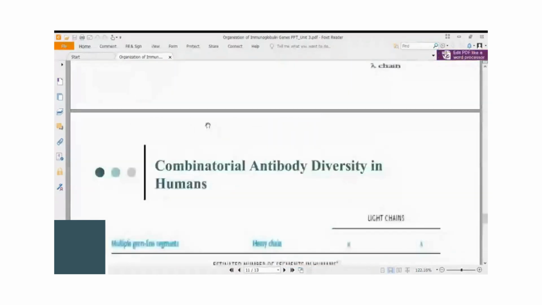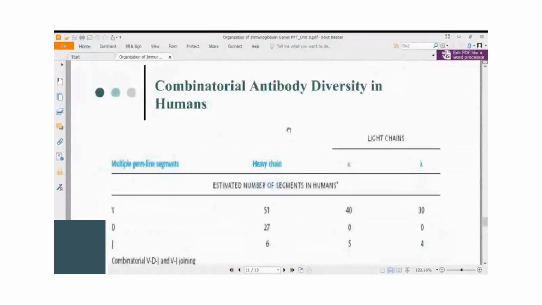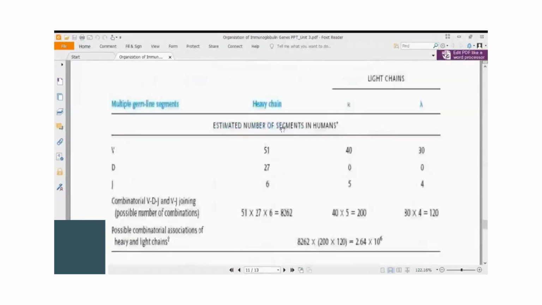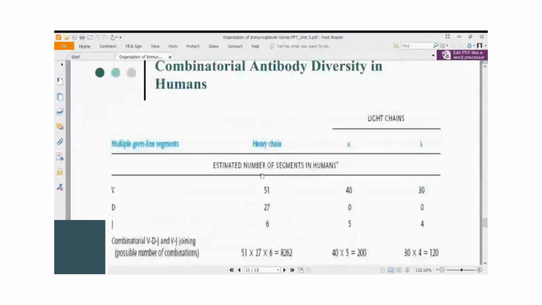Okay, now coming to the diversity. Just refer to this table. You will come to know that in human antibodies, for the heavy chain, kappa chain and lambda light chain, the numbers of functional segments, exons, have been given here. 51 heavy chain exons of the variable region gene, 40 exons of the kappa, and 30 exons of the variable of the lambda.